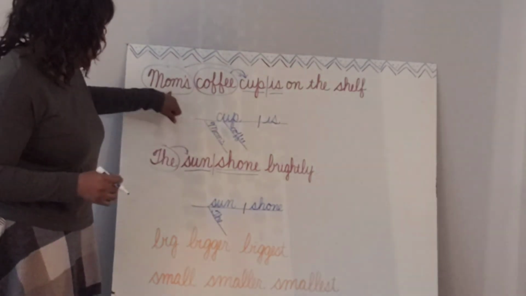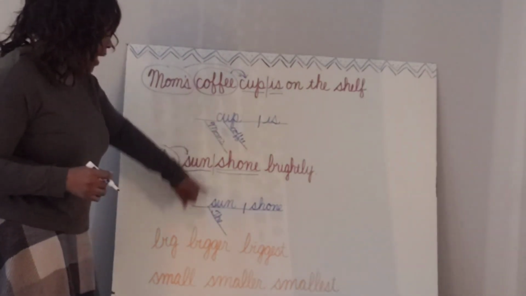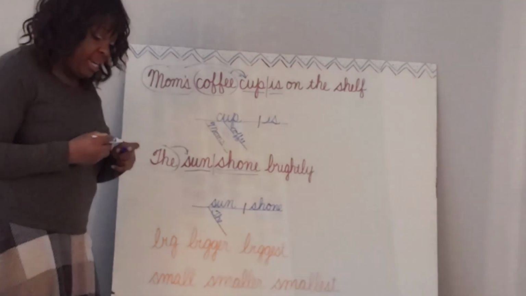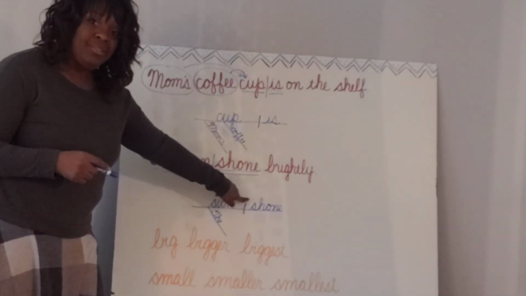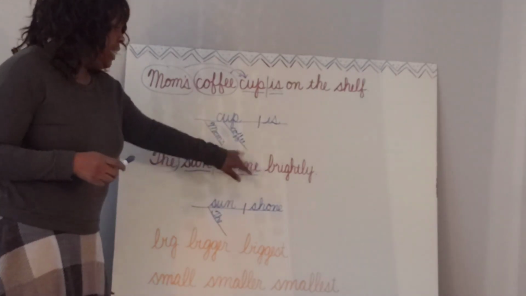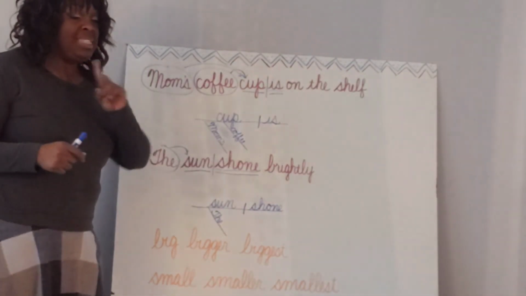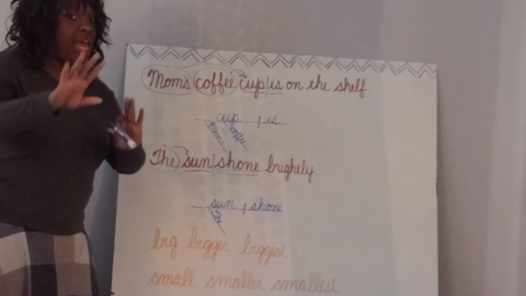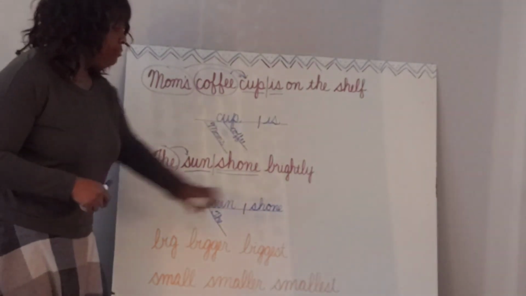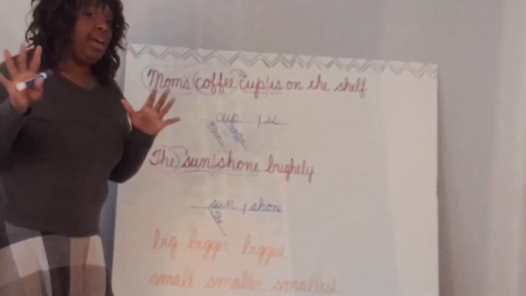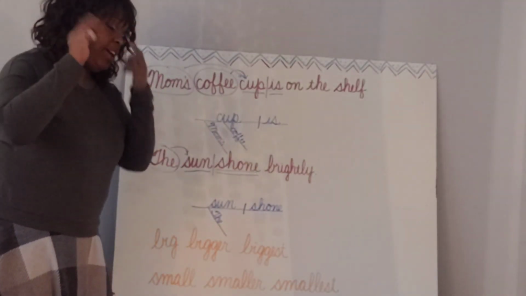Okay, same thing with Mom's. The first letter should be capitalized. So now we can read it as the sentence, the sun shone. Okay, and brightly is not going to be a part of that. Brightly is actually not an adjective. It's an adverb. We'll learn about those later. Don't worry about that right now. But your ly kind of gives you that hint that it's not an adjective, it's an adverb.